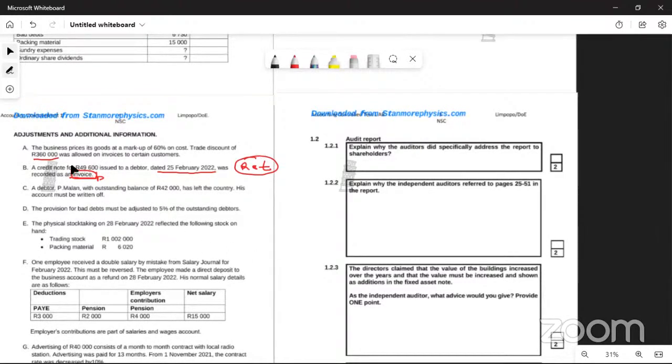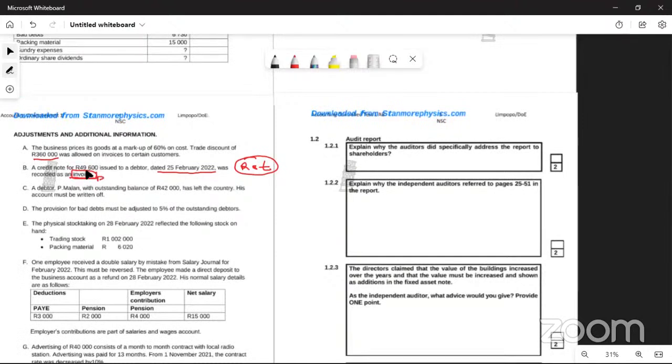Then again, because these sales have already taken place previously, the customer is now returning the stock back to us. So we were supposed to subtract, because the sales that we made have decreased. The stock that we have already sold has decreased because the customer is returning the stock.